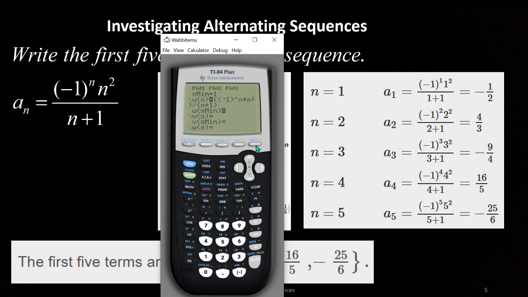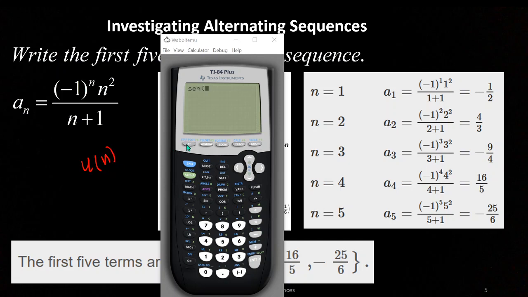We can go to the table, and you see the values, but they're not fractions. What if you like them in fraction form? Then we go to the home screen, we go to list, just like we did before, operation number 5. Now I don't want to retype all that in here, so I use something called u of n, which is the same as y1.